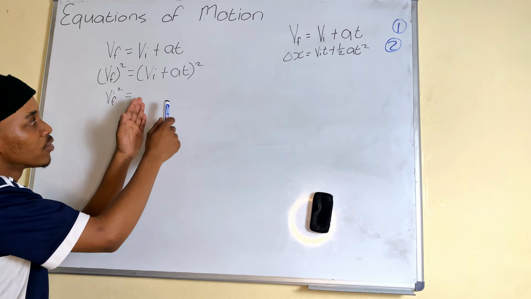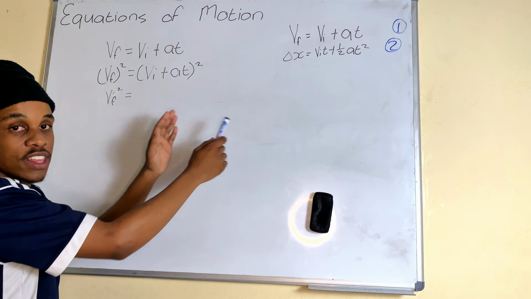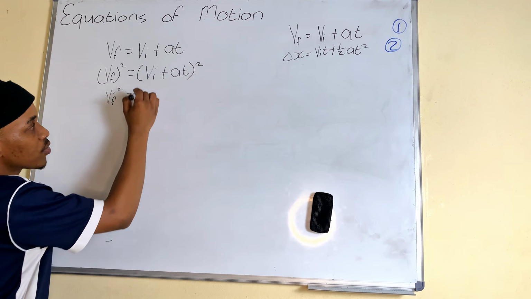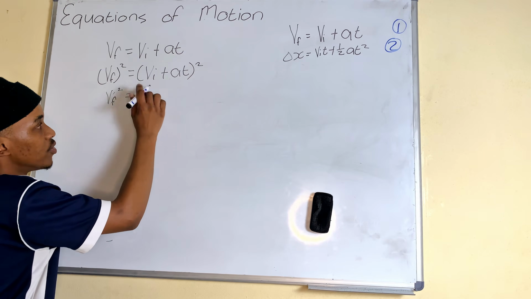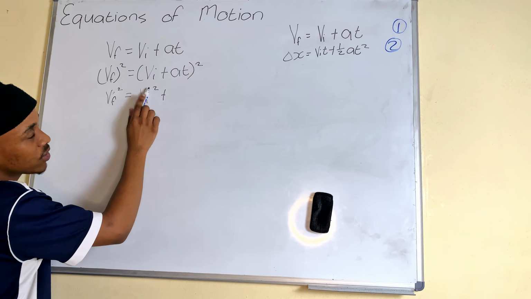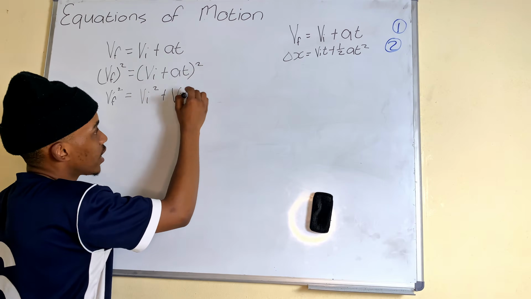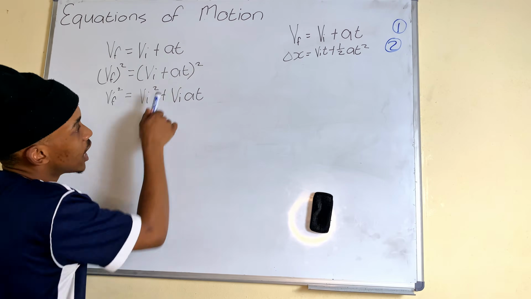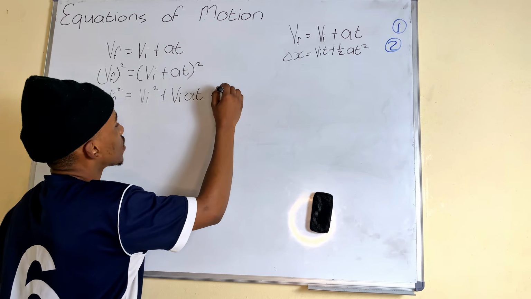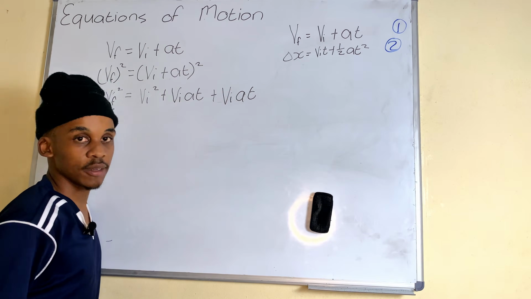We realize that we have two brackets that are the same, multiplying with each other. So if we multiply vi with itself, it will give us vi squared. And if we multiply the initial velocity with the acceleration multiplied by time, it will give us vi at. And if we multiply at with vi, it will give us the initial velocity multiplied by acceleration multiplied by time.